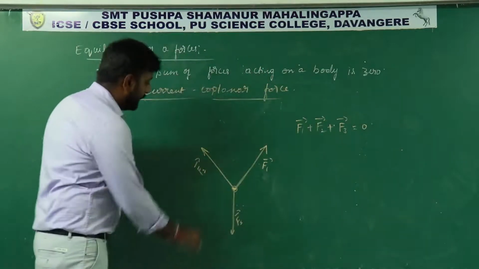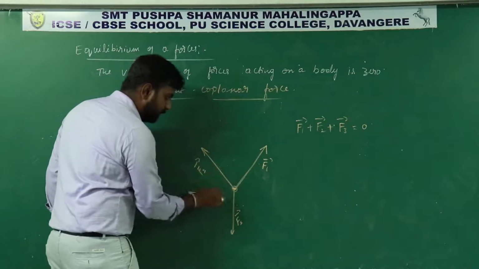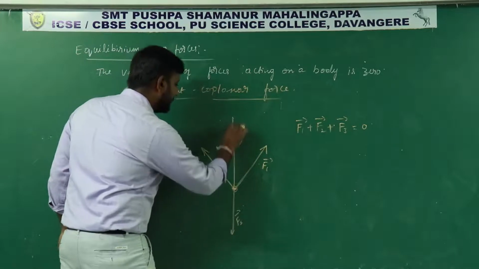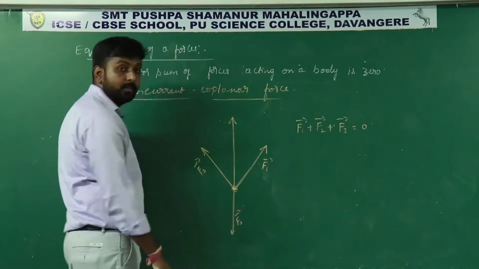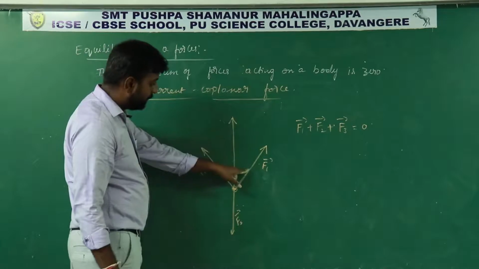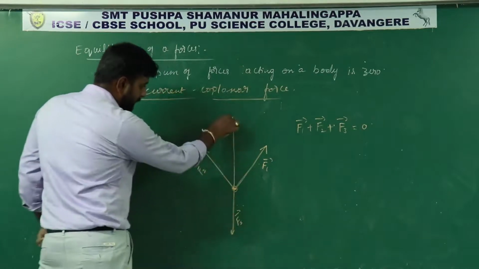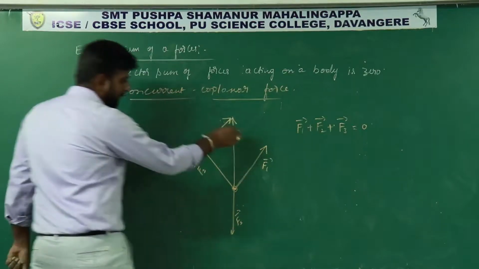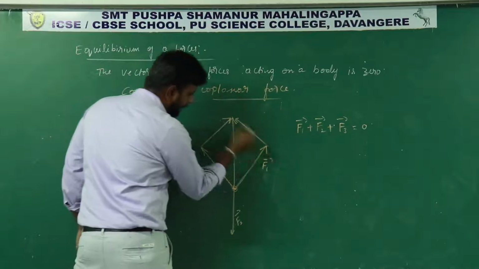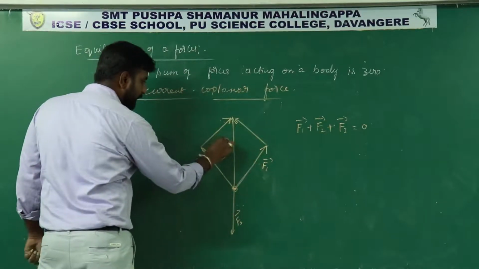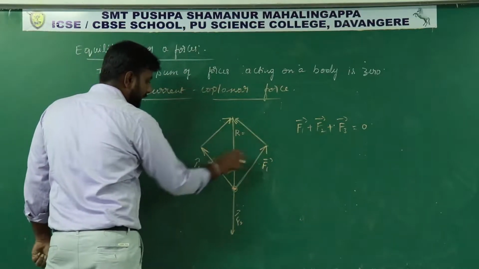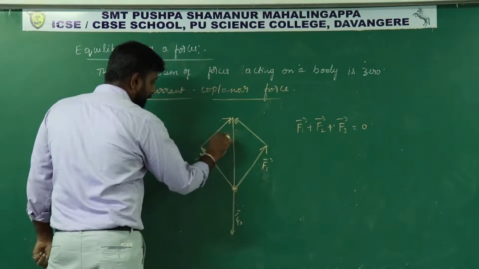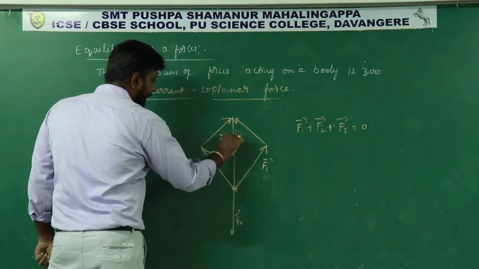That means here this is F1 and this is F2. For F1 and F2 you will get the resultant force in this direction, right? This is the resultant of F1 and F2. You can apply the parallelogram law of vector addition concept also here. In this way we can represent it. So this is the resultant R. This resultant of F1 and F2, I can write directly as F1 vector plus F2 vector.